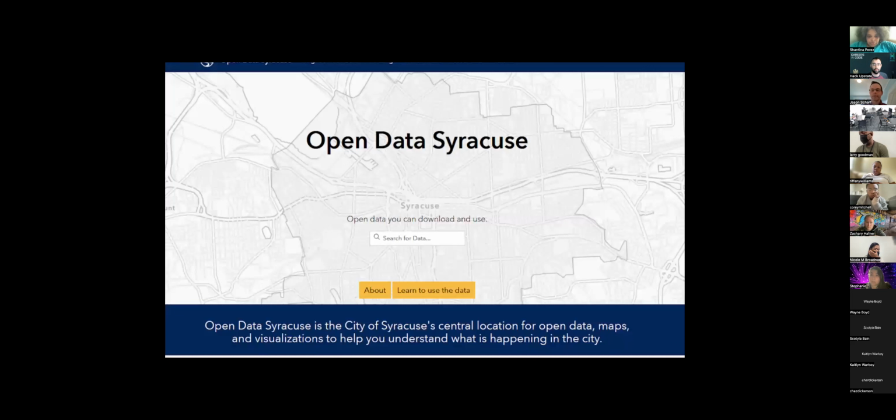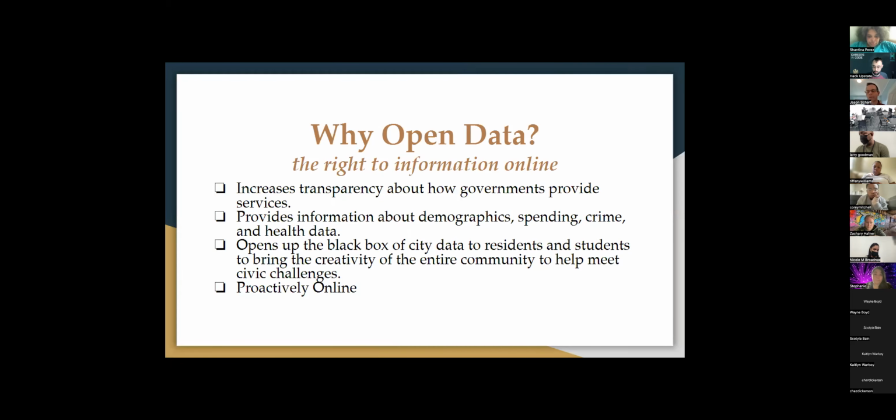All right, that's just a screenshot of the open data portal. So basically, why open data? We do it because it increases transparency about how government provides services, whether it's budget information, how many potholes Syracuse has fixed, how many crimes have happened in the city and what types, or how many complaints have been made about police officers.